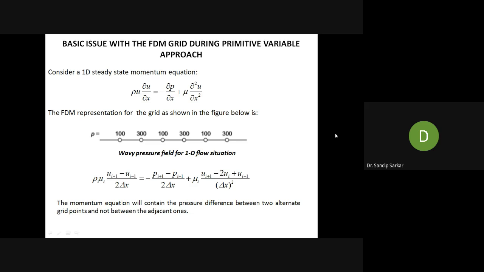If you write this computer code and try to solve this problem with backward difference or forward difference for del u del x, del p del x, and del 2 u del x2, you will get divergence in the solution. Your solution will never converge, and sometimes you will get a wrong solution, when we have this checkerboard zigzag type of pressure distribution.